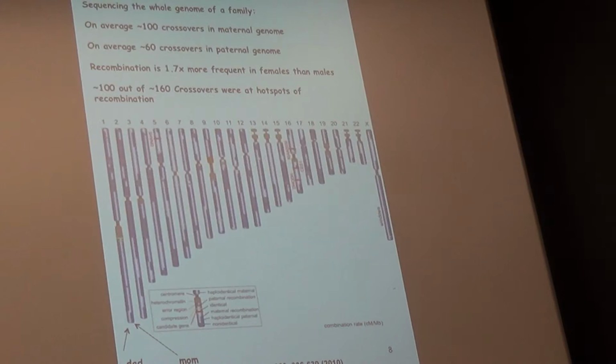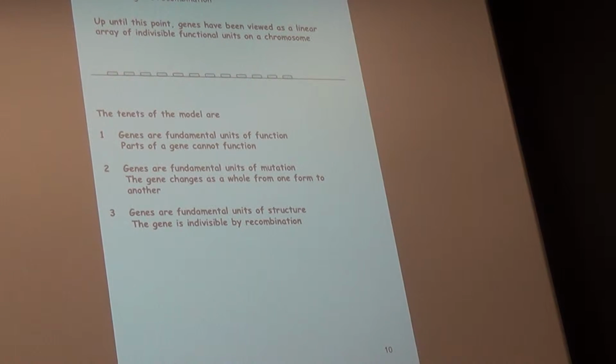And there was an experiment that was done which showed this. So until this point, we assumed genes were just sort of like dots. They were kind of unique and they were indivisible. Nothing happened to the gene, everything happened in the region between those two genes. And so they were indivisible functional units.